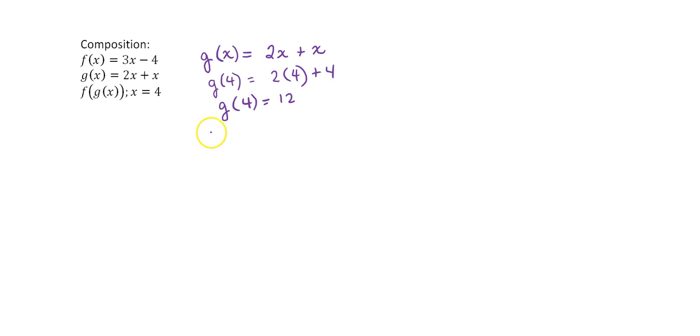So now my f of 12, this becomes my new input. My f of 12 is going to be 3 times 12 minus 4. All right, so 3 times 12 is going to get me a 36, minus 4 is going to get me 32.